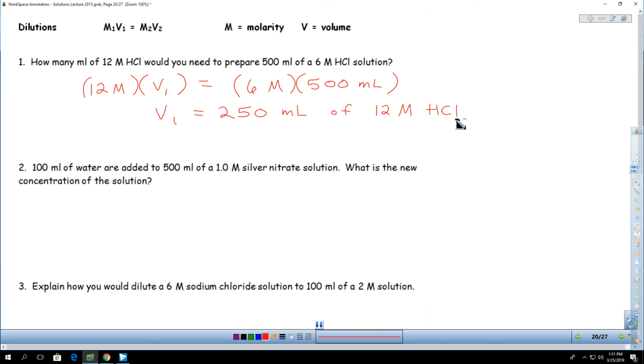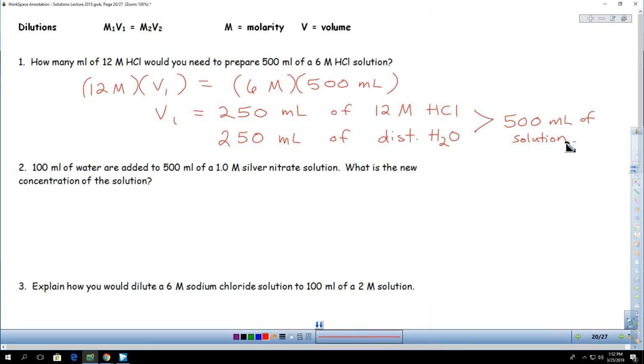I bet you guessed it. Water! We're going to use water to dilute the original solution. So you'd also use 250 milliliters of probably distilled water, so that together you get the total 500 milliliters of solution.